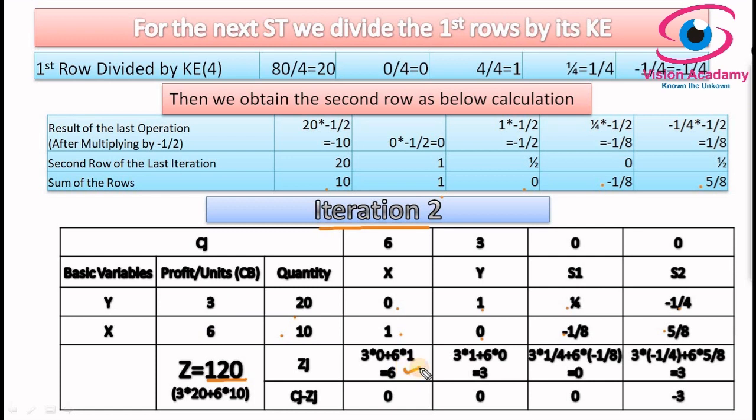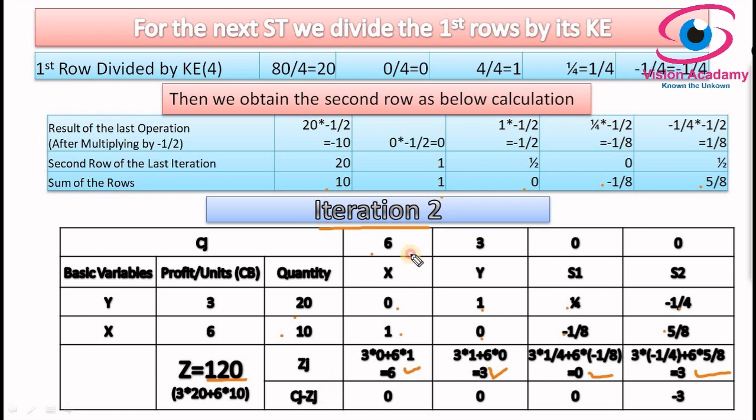This value is 6, the Z1 value. 3 into 1, 3, plus 6 into 0, 0. So this value is 3. And 3 into 1 by 4 plus 6 into minus 1 by 8, the value becomes 0. And 3 into minus 1 by 4 plus 6 into 5 by 8, the value becomes 3.